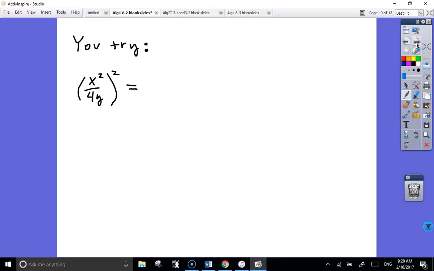Okay, so how about this one? You try. That's yours. Okay, so what do I do first on this one? Distribute the exponent, which is outside parentheses. So that goes on everything that's inside, right? x squared, squared, divided by 4 squared, y squared.